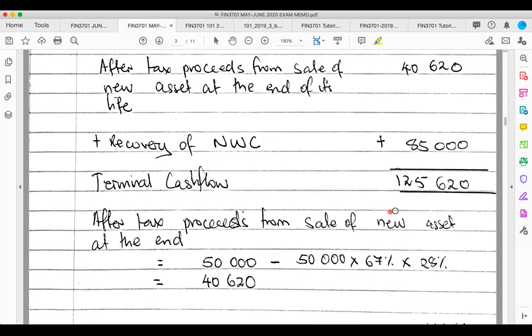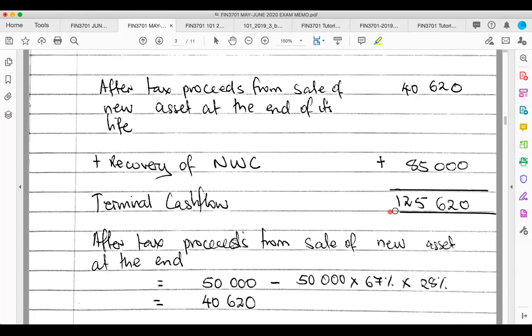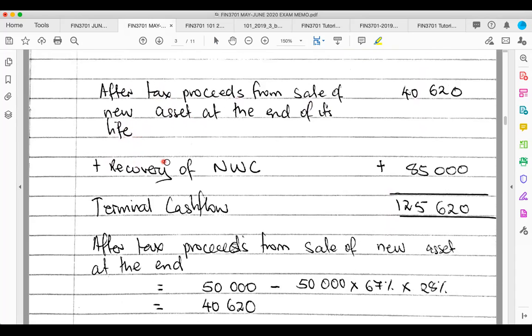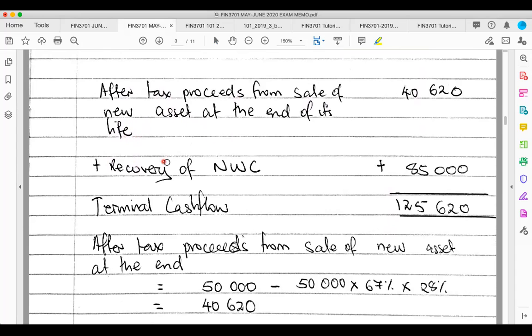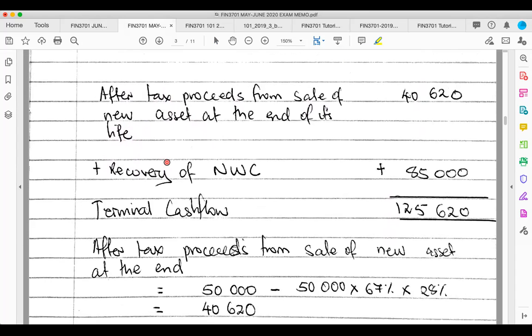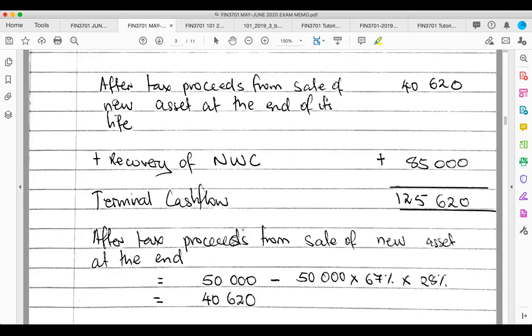Okay. And then lastly, we need the terminal cash flow. The terminal cash flow template says the after-tax proceeds from the sale of the new asset at the end of its life, plus the recovery of that working capital that was used initially in the purchase of the new machine.